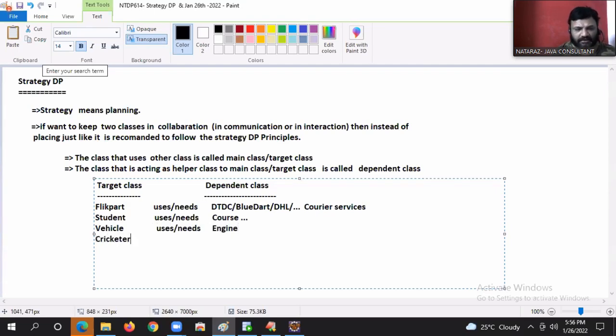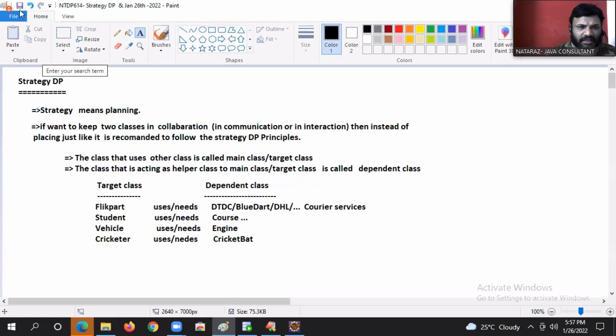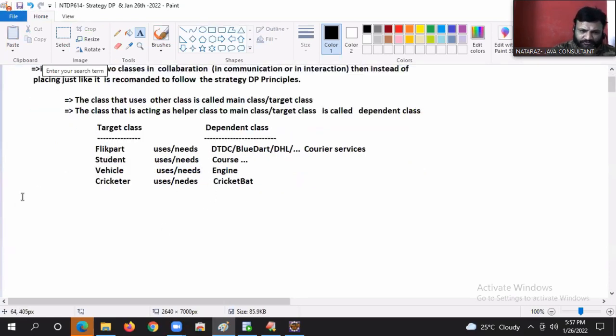Next, a cricketer uses or needs what? Come on, guys, tell me. A cricket bat. I think you got the clarity about this one, guys. Okay.